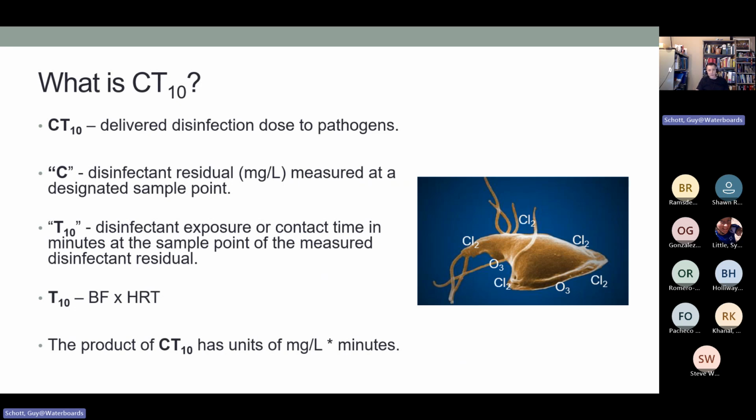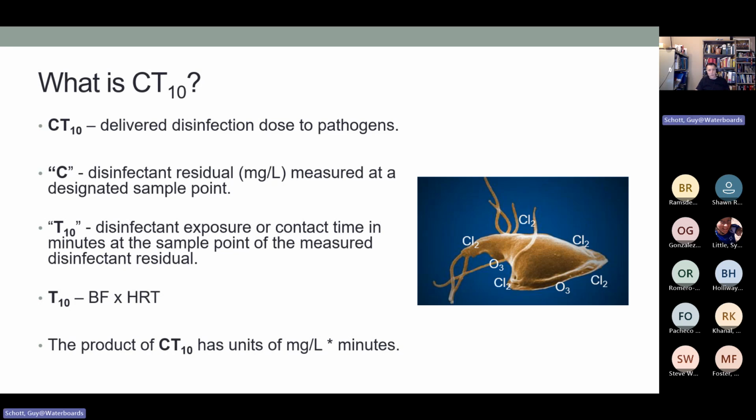So wherever you measure chlorine residual, that's also your contact time. To determine the T10, we take the baffling factor from the tracer study, multiplied by the hydraulic residence time, and that will give us our daily T10.